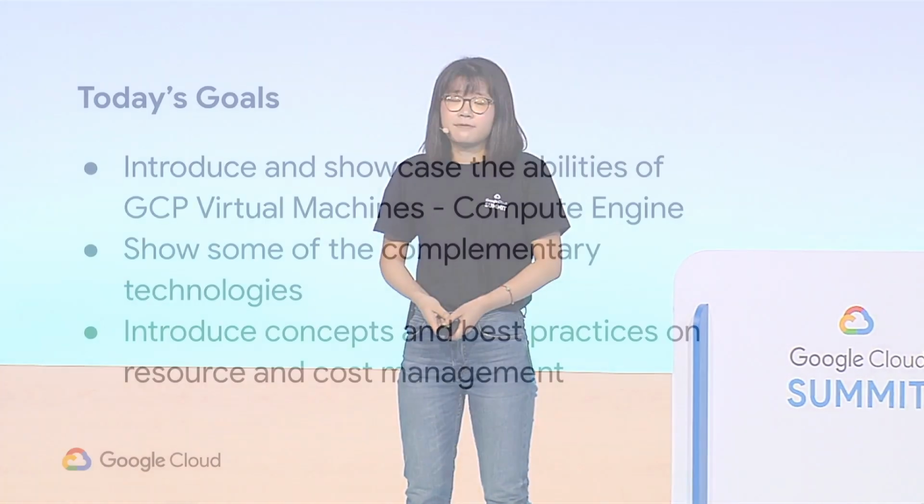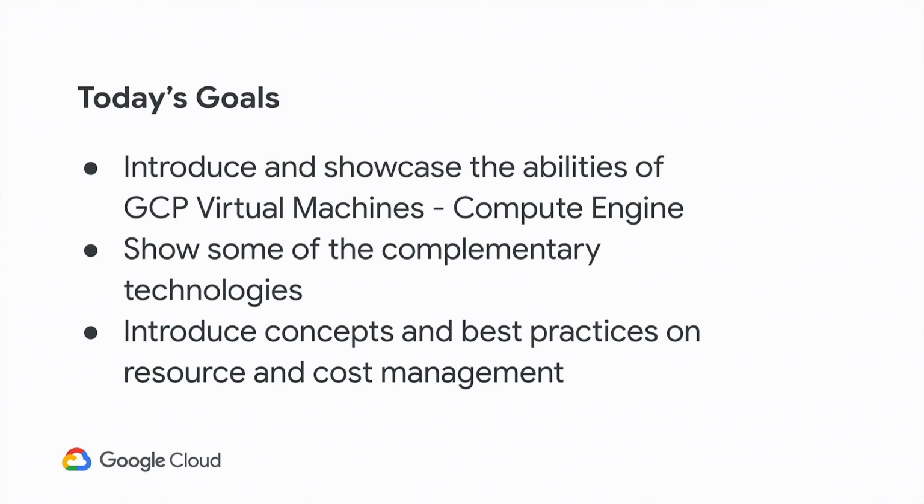We won't be able to talk through all of them today, but since this is an infrastructure track, we'll be focusing on the most fundamental and probably most essential service, Google Compute Engine, the GCE, and also showcase some of the complementary technologies that we'll need to work with GCE. Lastly, to expand from your first project and introduce concepts and best practices on resources and cost management, since this is very, very important.